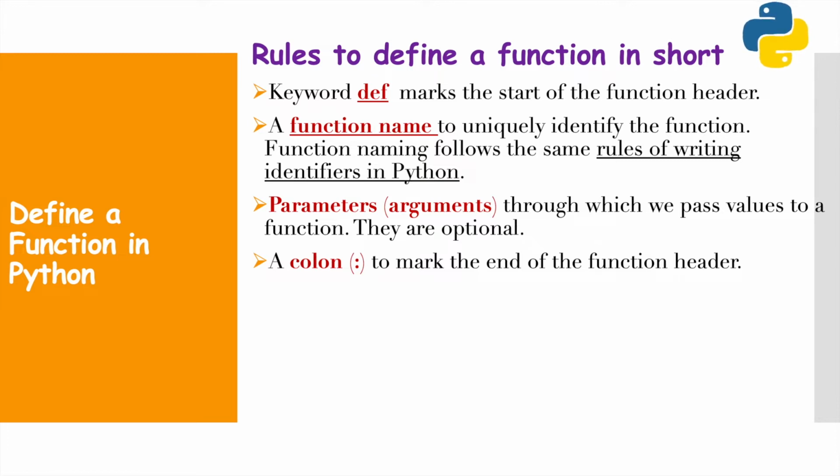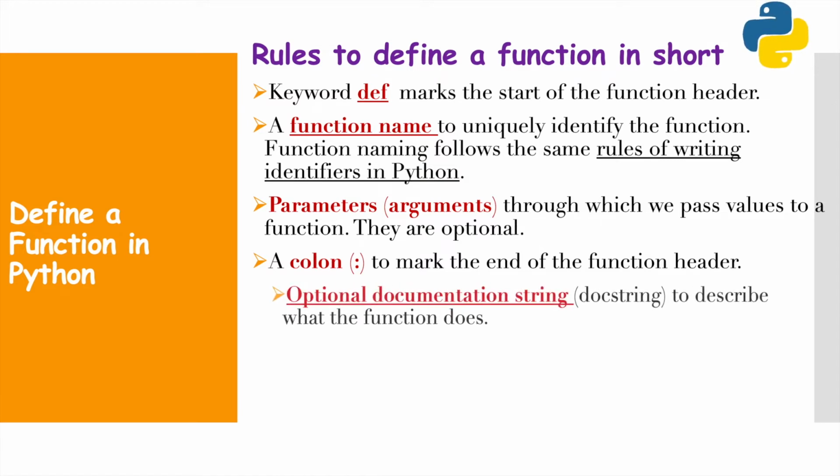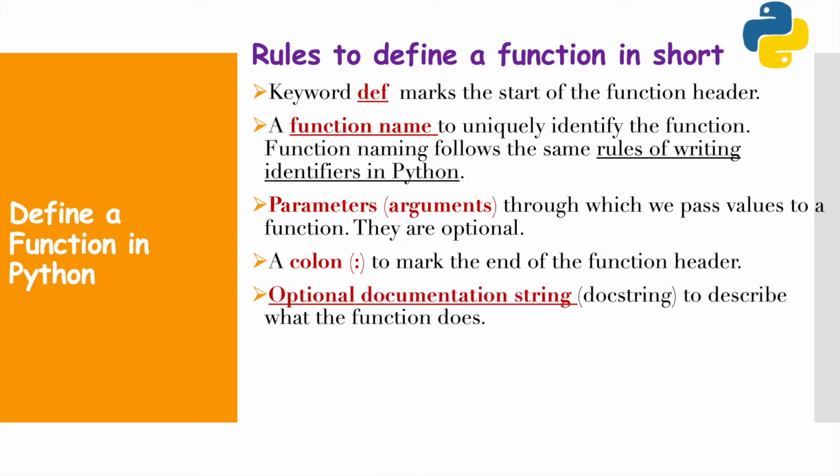So you have the def keyword followed by the function name and followed by parentheses wherein you have your parameters, and if they are optional, if you don't want them, no need to specify them. And after the parentheses you have a colon that is marking the end of the function header. Then optional documentation strings.